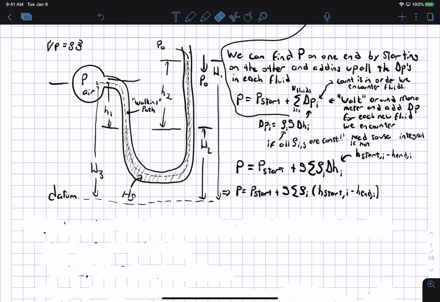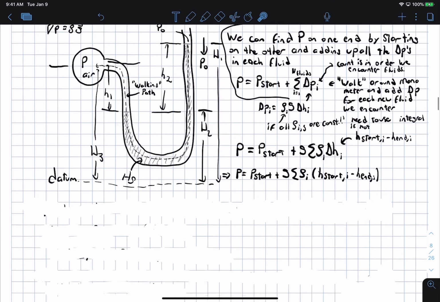If you substitute that in, you get this formula here, where P is equal to P start plus g times rho_i times the change of height. Either of these two formulas is valid. It just depends on which is more convenient to express your elevation differences in for a given scenario.